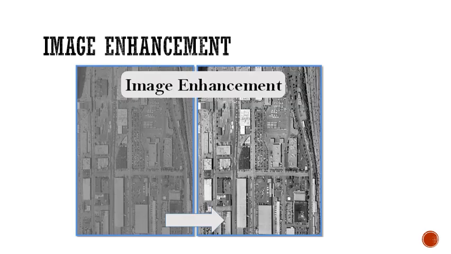So the next step is image enhancement. A brief of image enhancement was already explained in the first video. As the name suggests, enhancement is a process of manipulating an image so that the result obtained is much more suitable than the original for a specific application.